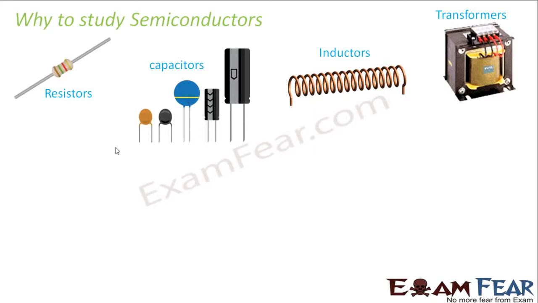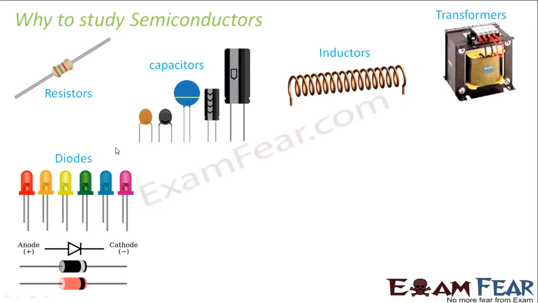If you look at any circuit, for example, if you try to open the CPU of your computer, what do you see inside? So many circuits, right? It's like a small board with so many resistors, capacitors, inductors. Behind this, you also get to see certain new things like diodes.